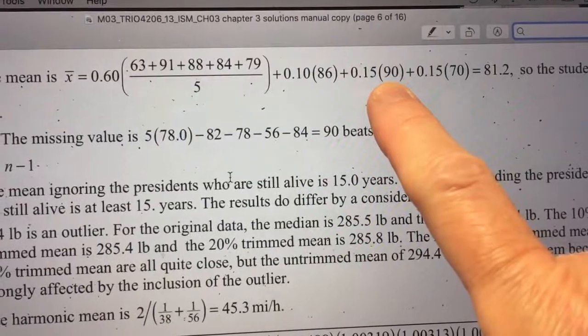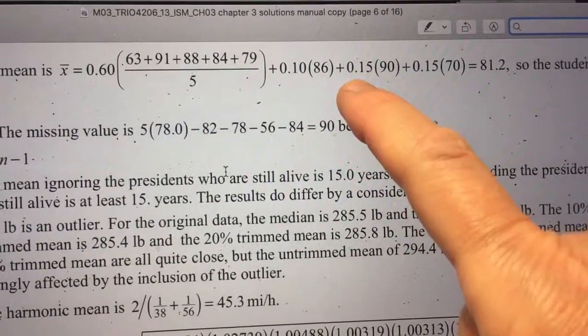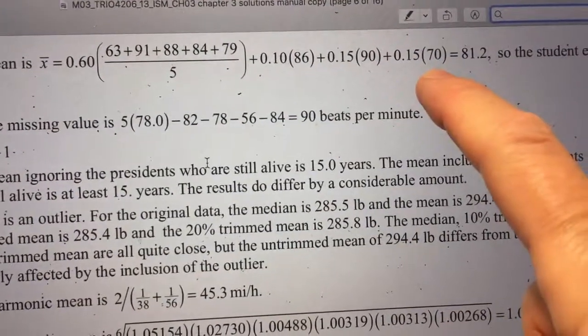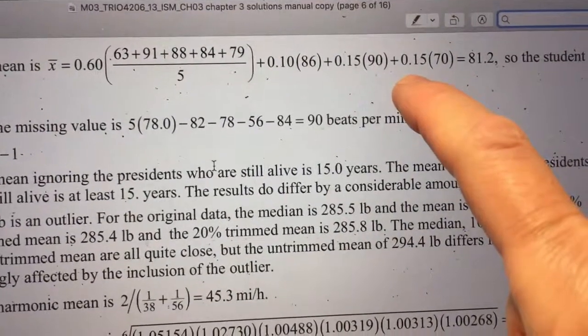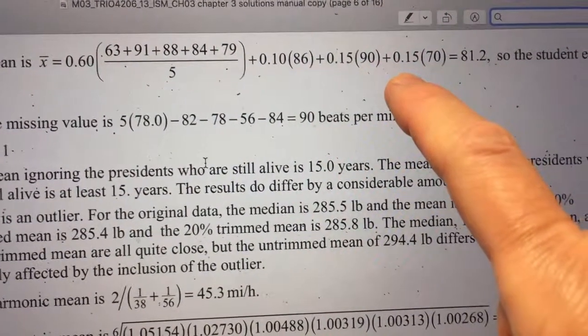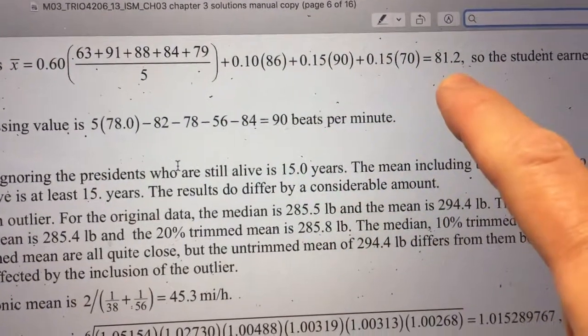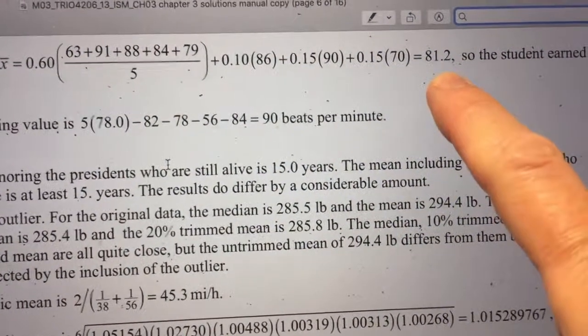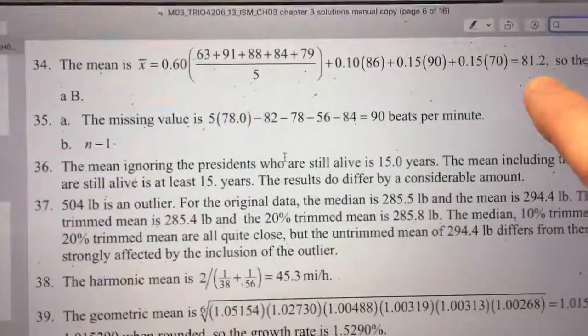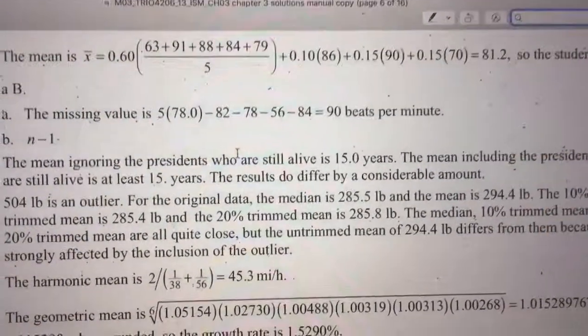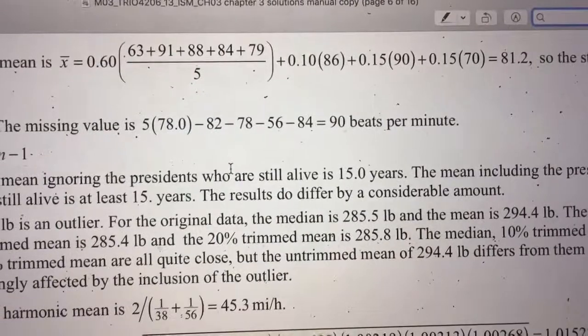She got a 90 on her projects, and her projects were worth 15%. She got a 70 on her homework, and her homework was worth 15%. When you multiply and add all of that together, you get an 81.2. So the student earned a B in the class because an 81 would have been a B.